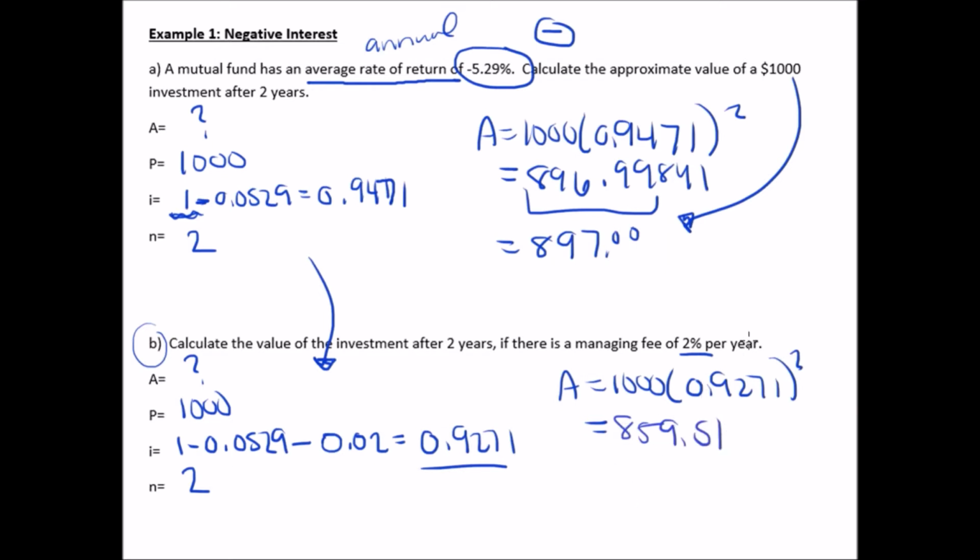So now, after 2 years, if there's also a 2% management fee, you're going from $1,000 to $859.51. Because if you think about it, of $1,000, if you calculate 2%, that's $20. That's $20 a year approximately that you're spending on management fees, and that's quite high.